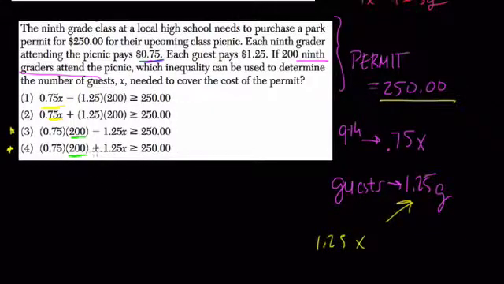So here, you're going to add 1.25x because that's saying, well, we have 0.75, that's 75 cents, times 200, the number of ninth graders. How much more will we get, right, per guest, so that the total is greater than or equal to 250? If you find x here, you'll find how many guests you'll need. So that's choice 4. All right, hope this helped.